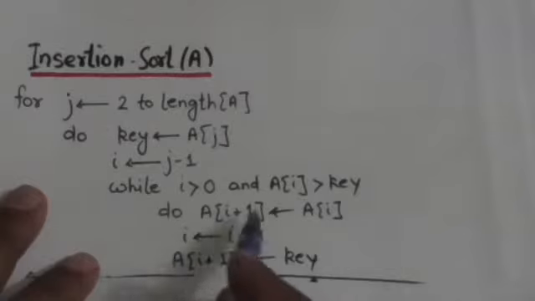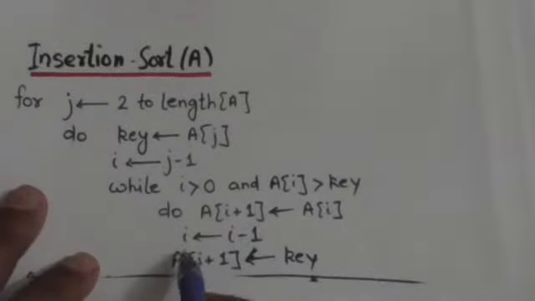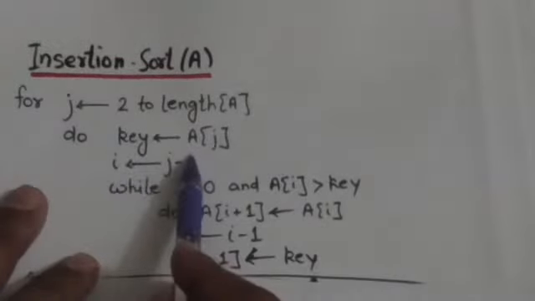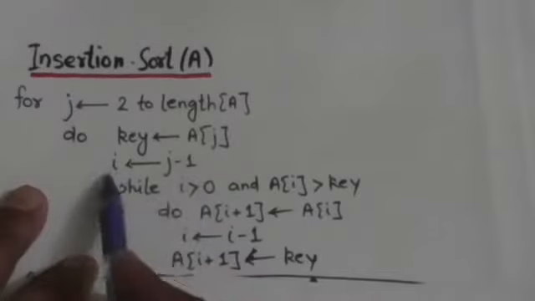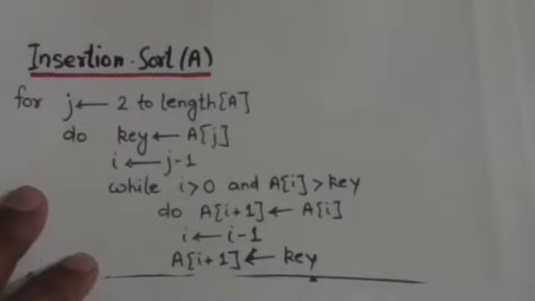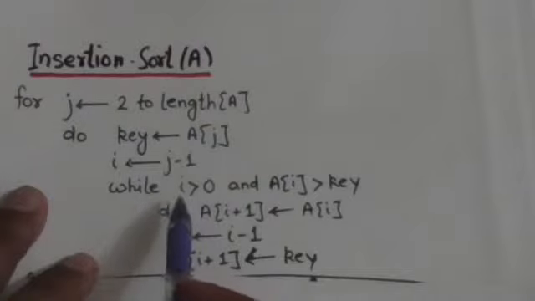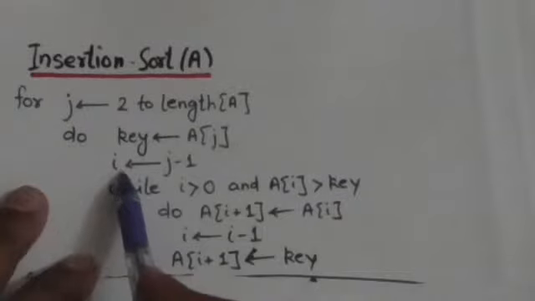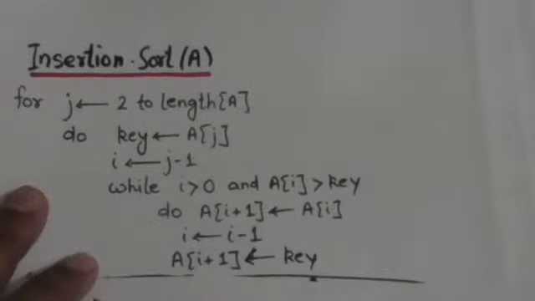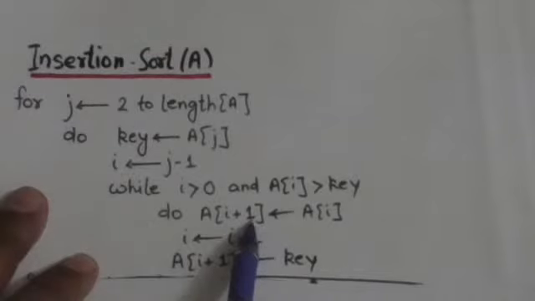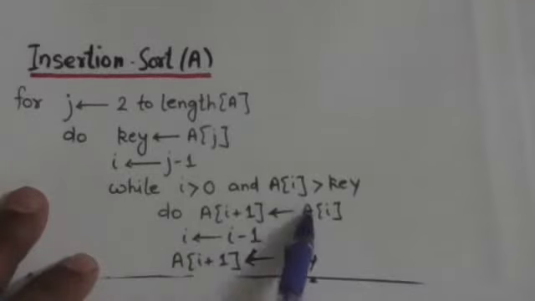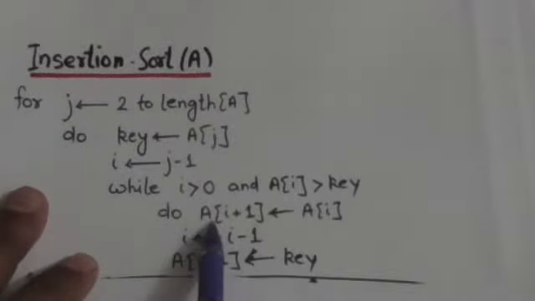In each pass of this loop, the value of key is compared with the element at index I in the array. If the element at index I in the array is greater than key, it is shifted one position right in array A.